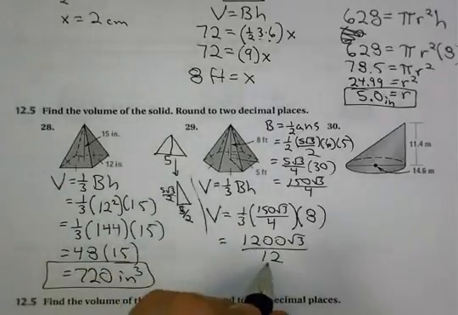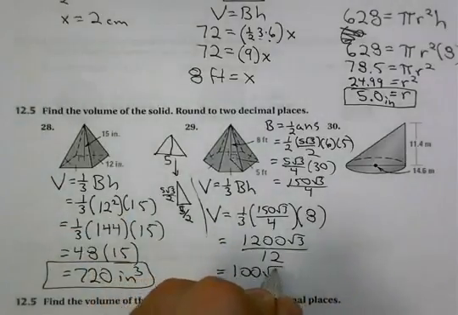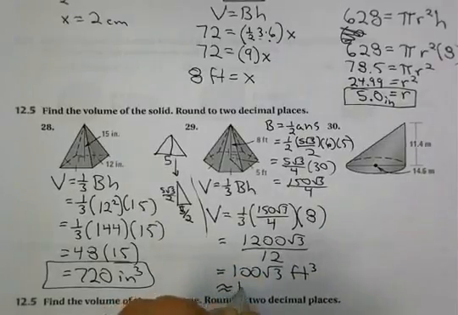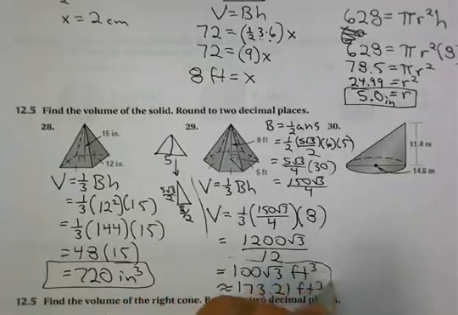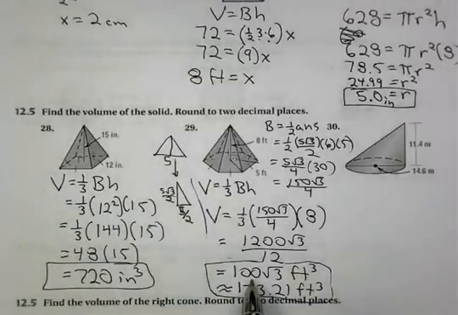So 1200 and 12, we can both divide them by 12, and that gives us 100√3 feet cubed, or writing that as a decimal is 173.21 feet cubed. Either one. Again, accurate answer, approximation.